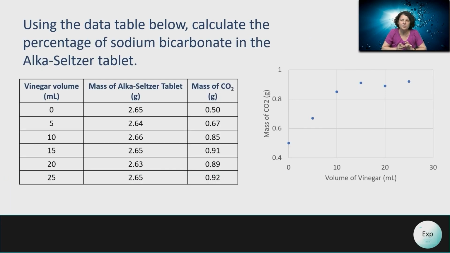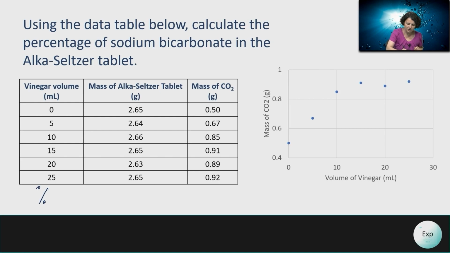Another calculation that can easily be completed is determining the percent composition of the Alka-Seltzer tablet. If we know how much of the sodium bicarbonate there was, then it should be fairly straightforward to determine what percentage of the Alka-Seltzer tablet is the sodium bicarbonate.